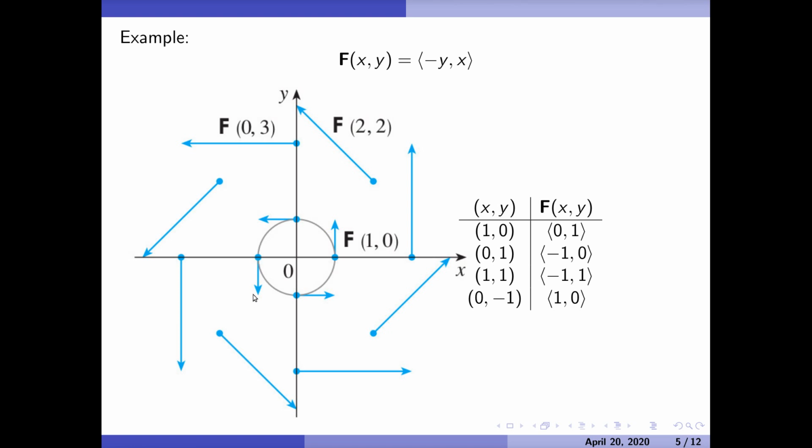We have 0, negative 1, so it's going down, and so on. Okay, and then at the point 1, 1, that's over here. We're moving in the direction of minus 1, 1, so that's why it's back and up. Okay, and so the graph of all of those arrows is called the direction field, or actually it's a vector field.